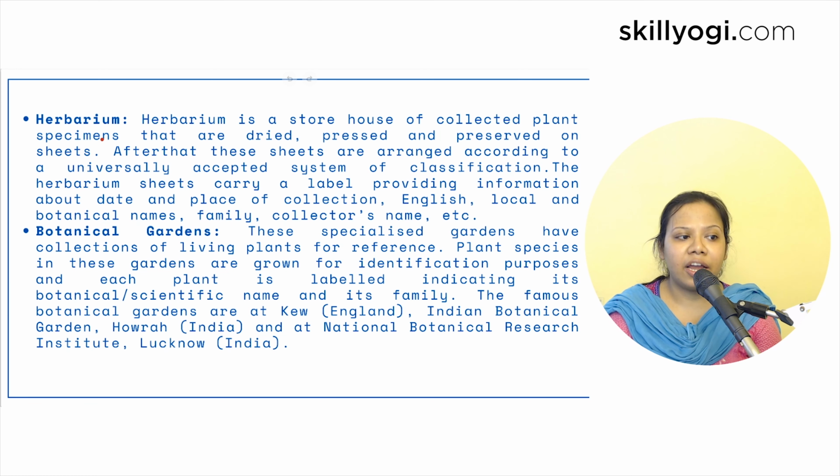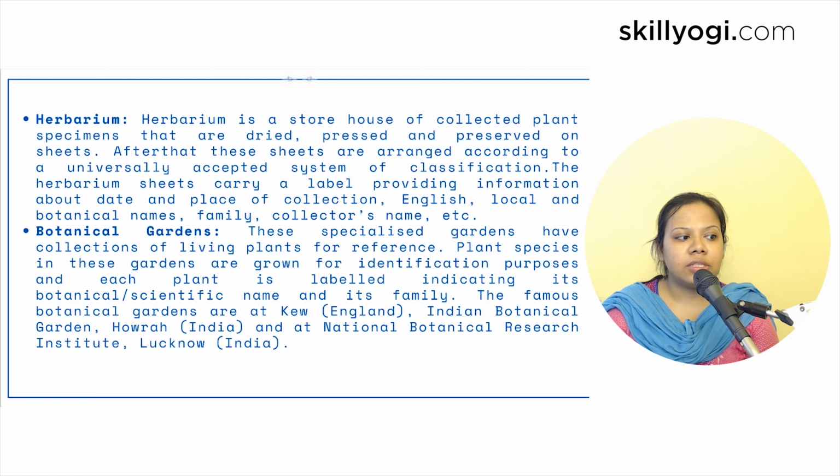In herbarium, clean sheets are taken and we press the dried plant on them, and we write the botanical name, the family, the name of the collector. Everything is noted on the herbarium sheet, and every such sheet is known as a herbarium sheet.